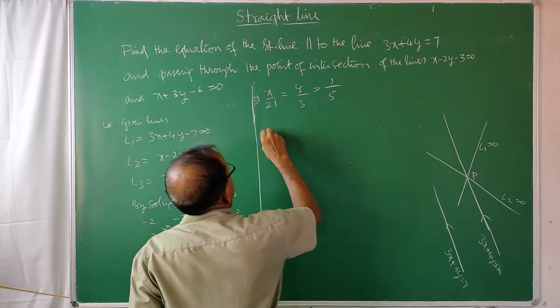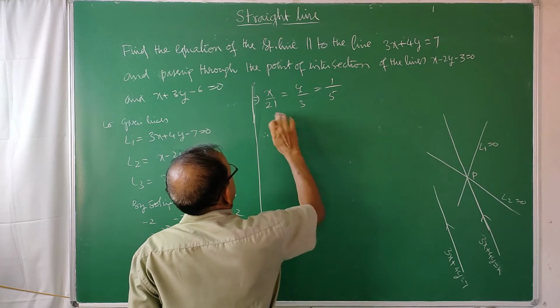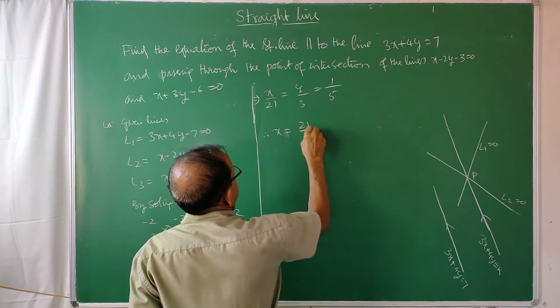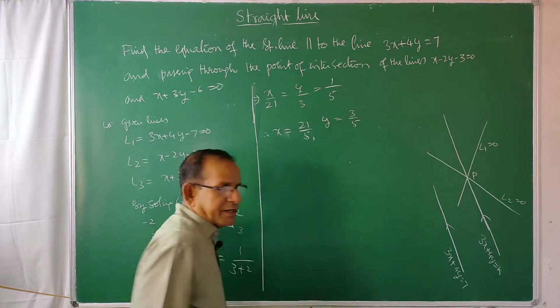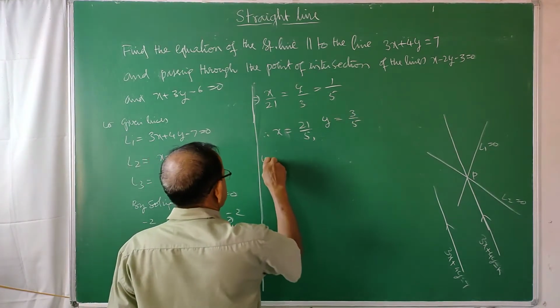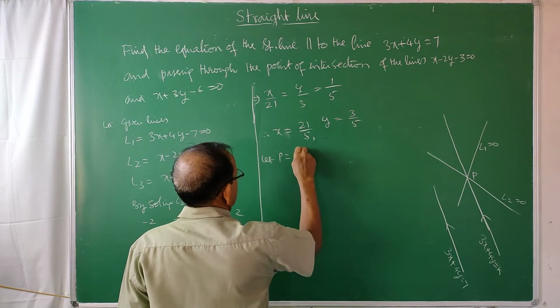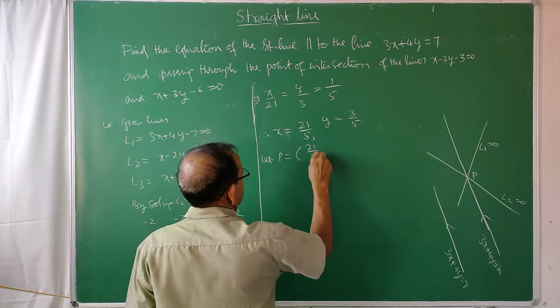So therefore x is equal to 21 by 5, y is equal to 3 by 5. This is the point of intersection. Let P be 21 by 5, 3 by 5.